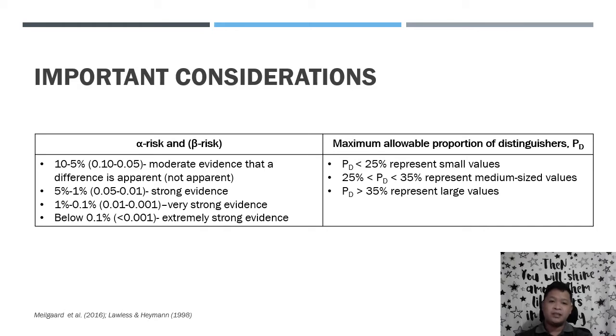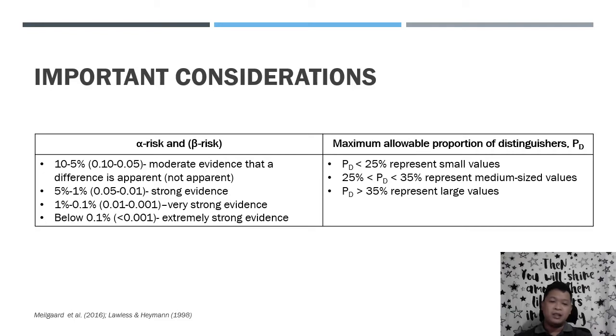Beta risk is also low so that walang maging difference yung sample kung hindi talaga nag-exist when using it for similarity. And then the PD or proportion of distinguishers refers to the proportion of individuals in a population which could distinguish the product. So generally we want the PD to be large as well. But again, this is depending on the test.